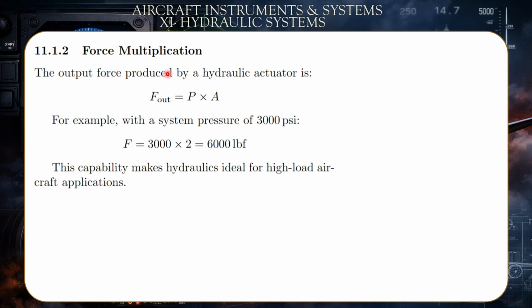Force multiplication. The output force produced by a hydraulic actuator is F equals P times A. For example, with a system pressure of 3000 psi, the force would become 3000 multiplied by 2, equals 6000 pounds. This capability makes hydraulics ideal for high-load aircraft applications. Why?